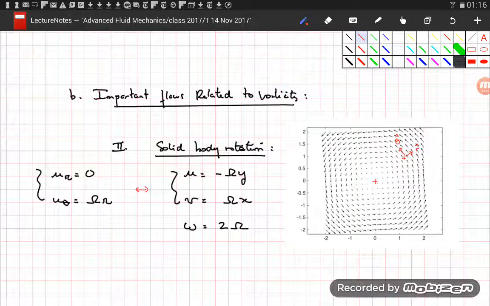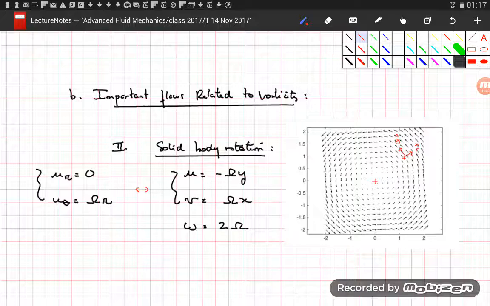Now for solid body rotation, we did compute the vorticity. In 2D, you can think of the vorticity as just a scalar field. There is only a non-zero component of the vorticity vector in the direction pointing out of the plane.